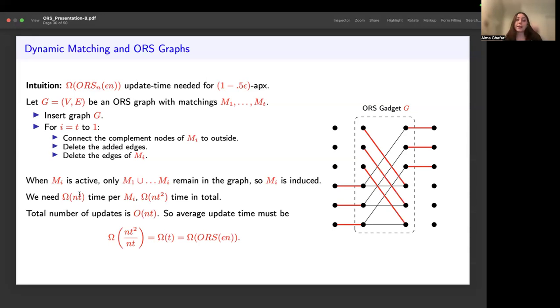We have to spend NT time for each matching, and that would be in total NT squared. And if we amortize it per update, we get NT squared over NT, that is T. The running time would be T, that is actually the density of ORS graphs, the size of the ORS graph. So this is why this actually appears here.